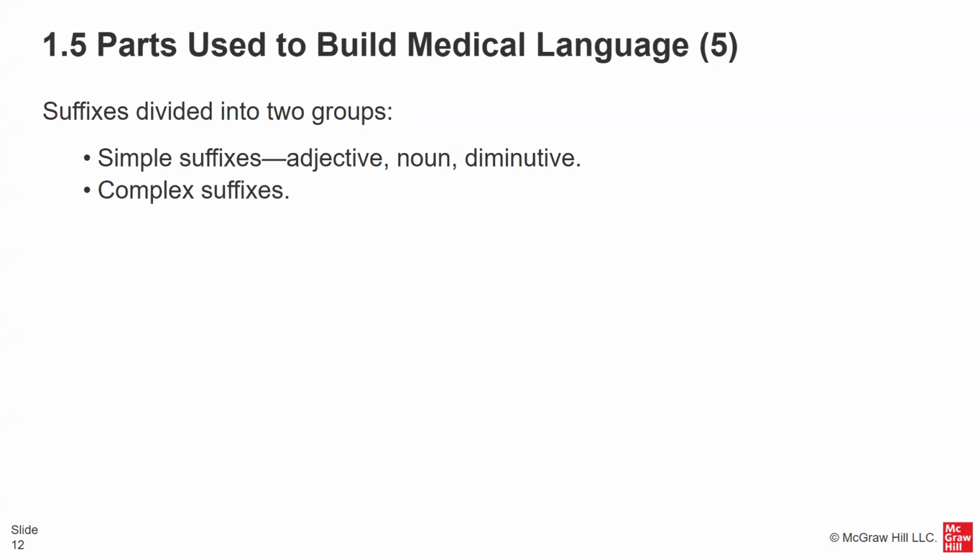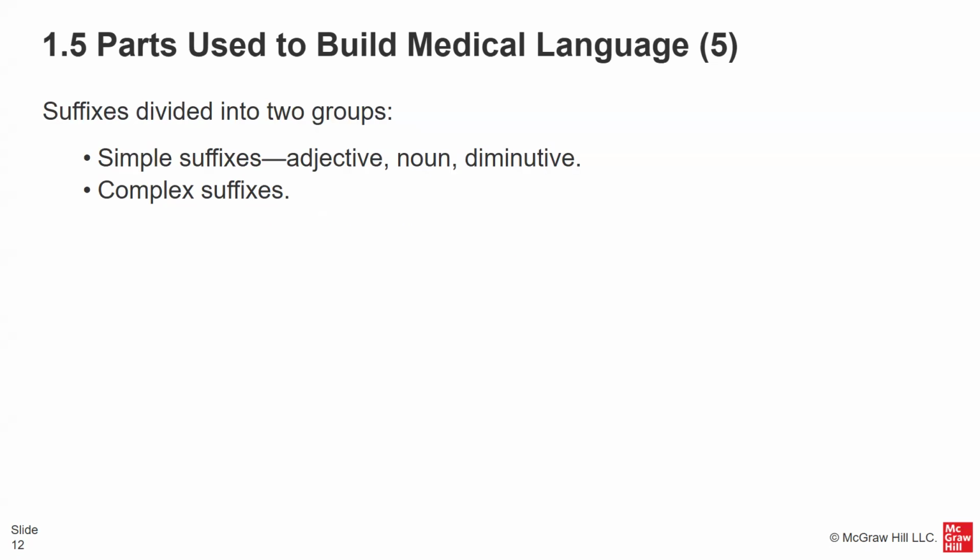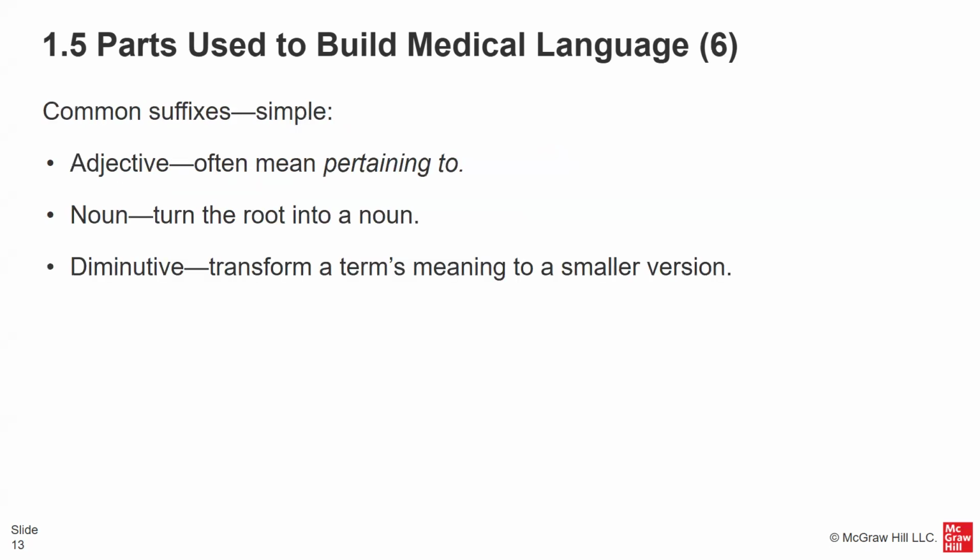Suffixes come at the end of the word, and they usually tell us what we are going to do to the body part. Are we going to cut it? Is it enlarged? Are we going to take it out surgically? Are we going to burn it off? What are we going to do? Are we going to cut into it? What are we going to do to that body part, or what does that body part have wrong with it?